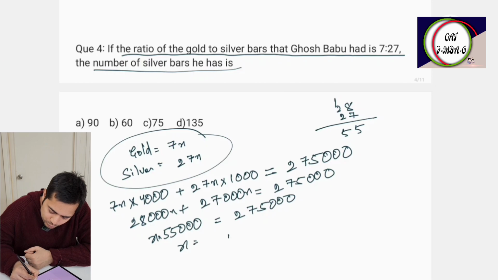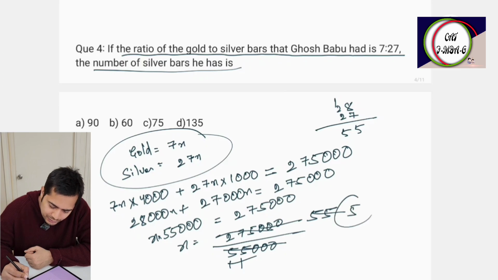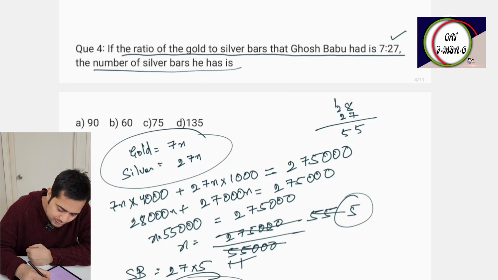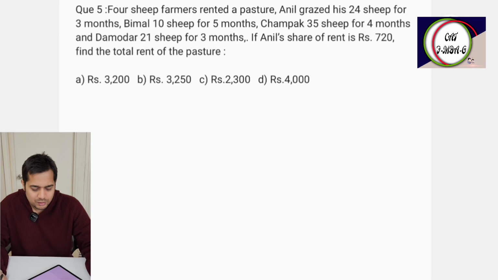So x is equal to 275 divided by 55, which is 5. So x is equal to 5. We have to find out the number of silver bars. So silver bars is equal to 27 into 5, which is going to be 135. This is the right answer, option number D. Okay, let's move on to the next question.